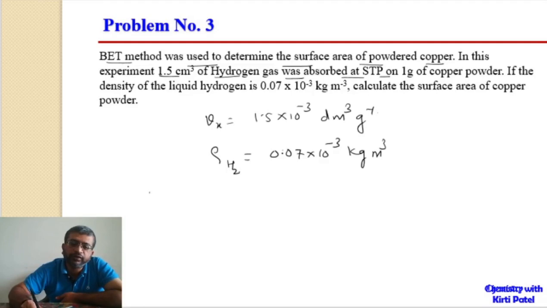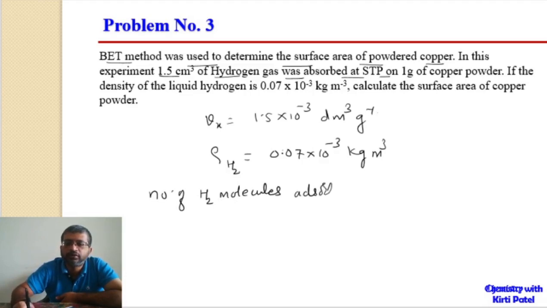For that, we can calculate the number of hydrogen molecules adsorbed will be equal to 1.5 into 10 raised to minus 3 upon 22.4 into 6.022 into 10 raised to 23.